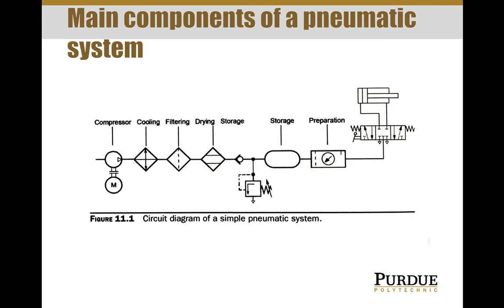All right, and so the main components of a pneumatic system, as you can see here. Well, of course, we have the compressor, which typically is powered by either an electric motor or a compressed air engine. We typically need some cooling, because when you're compressing the air, this air will get really hot.